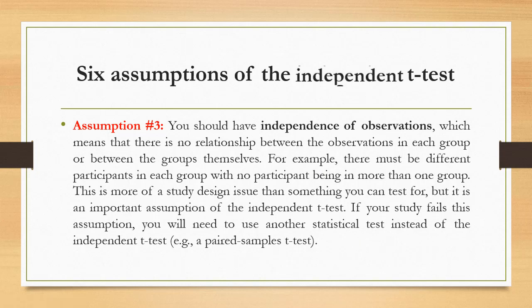So here, there should be independence of observations. There must be different participants in each group, with no participant being in more than one group. This is more of a study design issue than something you can test for, but it is an important assumption of the independent t-test. If your study fails this assumption, you will need to use another statistical test instead of the independent t-test, which is the paired samples t-test, as I told you.